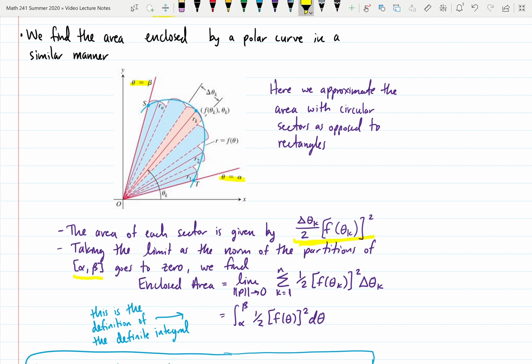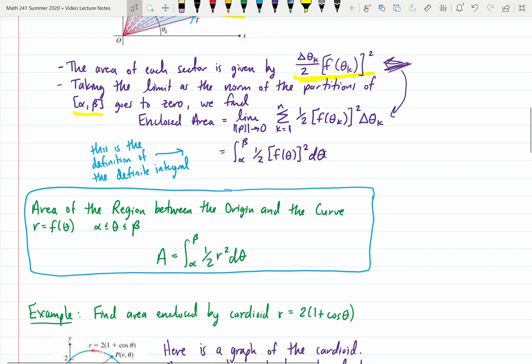And again, this formula looks really bad, but it's basically just taking the expression for the area that was found right here and summing all of those areas together. So moving from this expression here down to the sum actually isn't too bad. And then by definition of the definite integral, that is actually equivalent to the integral from alpha to beta of 1/2 times f of theta squared d theta.